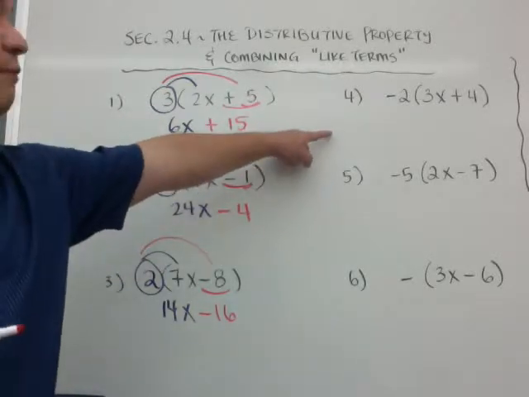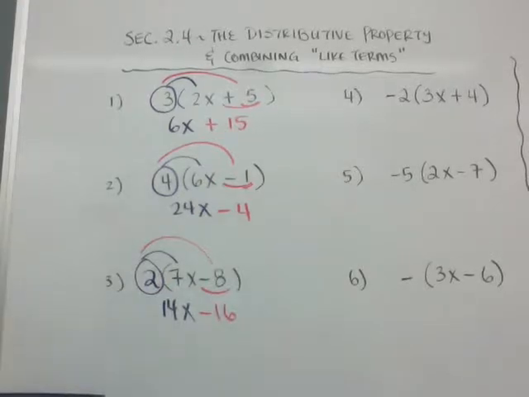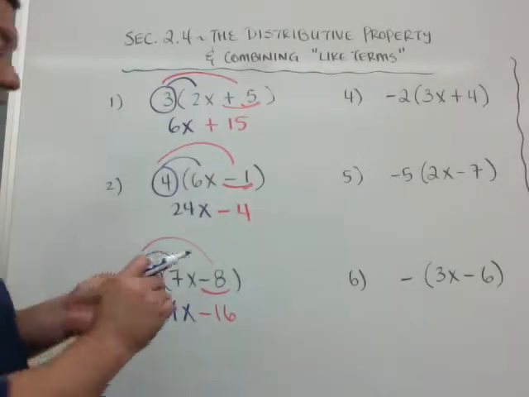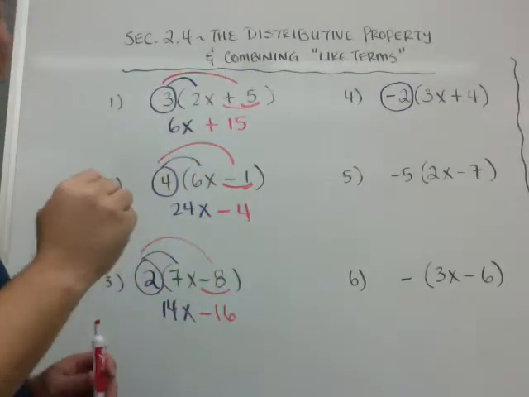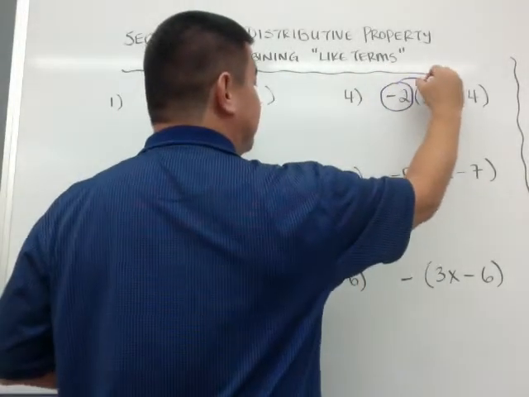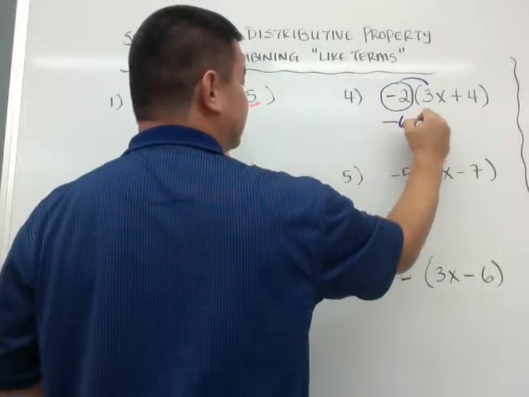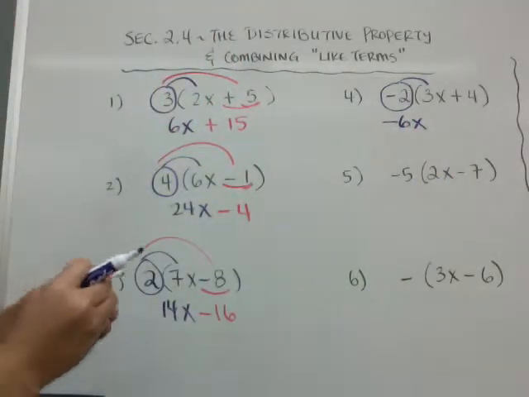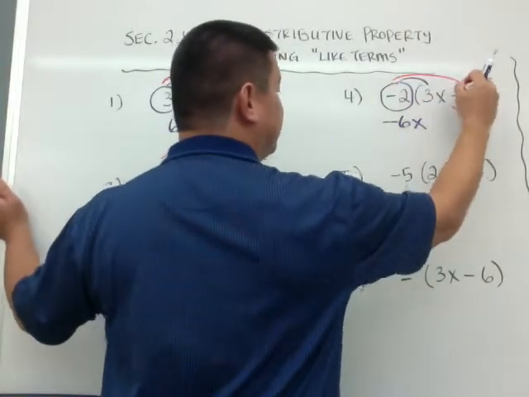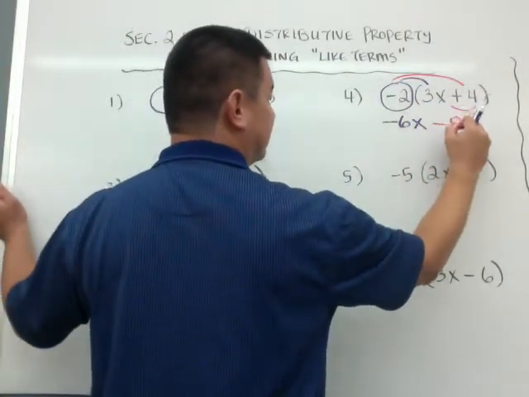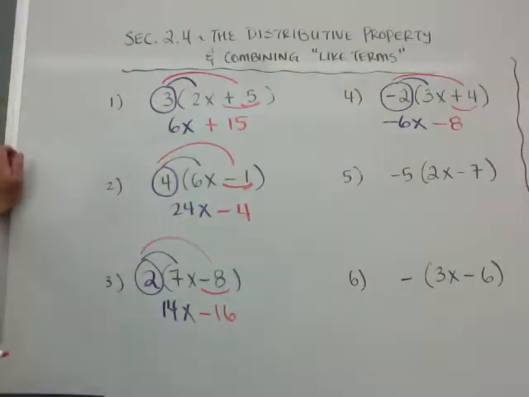Now I'm going to do some examples where it's negative on the outside. So in this case, if I take a negative 2, and notice I circle the negative with it, the sign in front, times the 3x, I get negative 6x. And then when I do the negative 2 times a positive 4, I get negative 8. So negative 2 times positive 4 is negative 8.